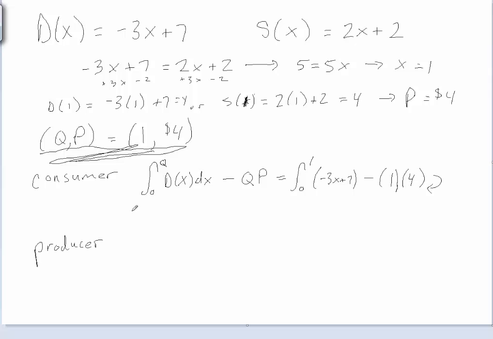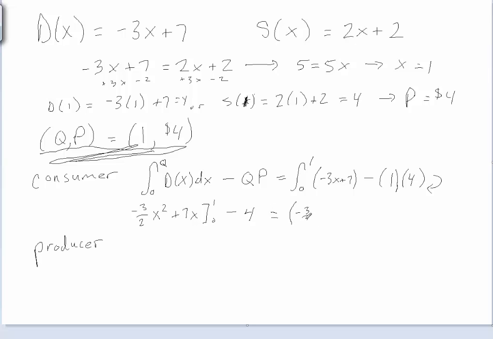Finding the integral, that will give us negative 3/2 x squared plus 7x evaluated between 0 and 1 minus 4.